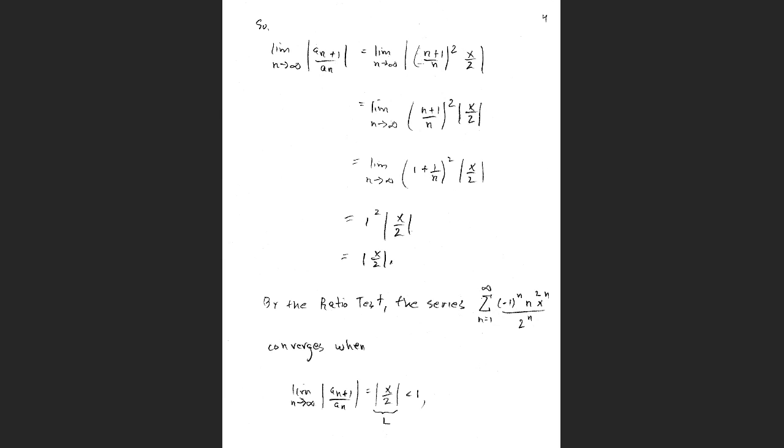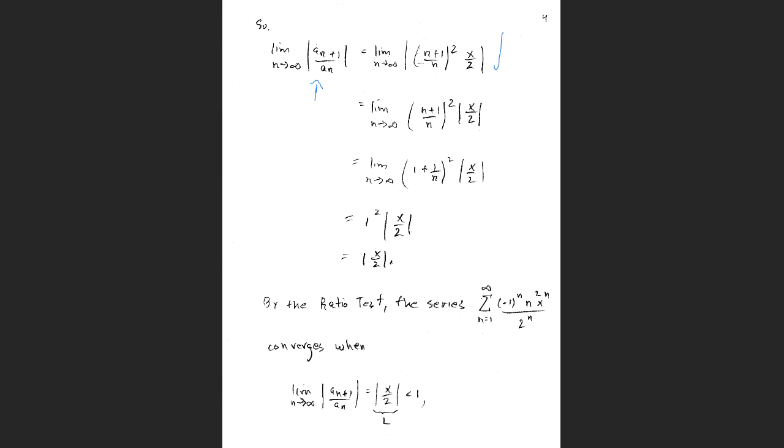All right, and so now the limit as n goes to infinity of the n plus first term over the nth term is going to be equal to the limit as n goes to infinity of the absolute value of n plus 1 over n squared times x over 2.